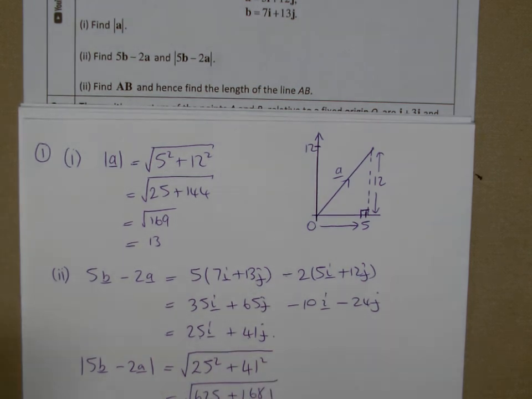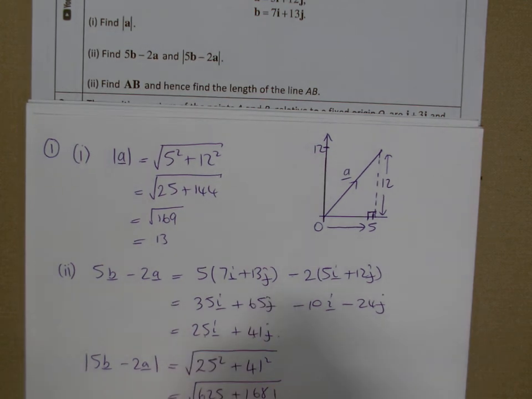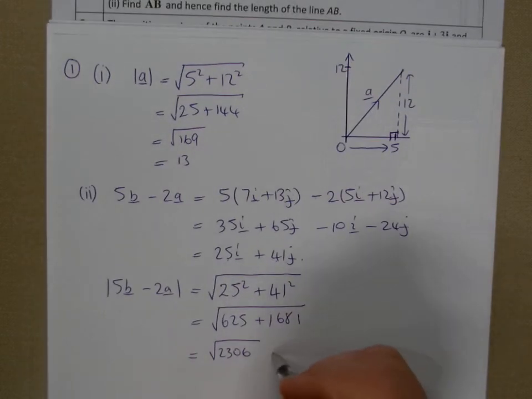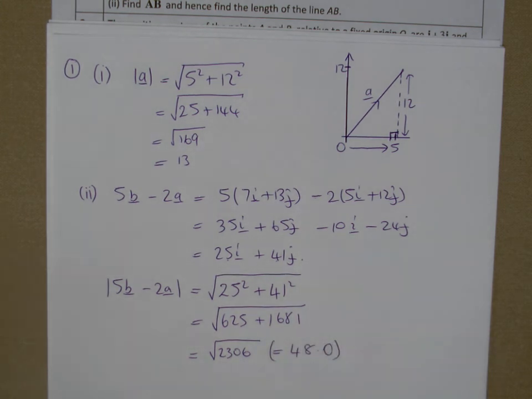If I then add them and square root it, I get the square root of 2,306. Actually, it doesn't simplify. It just stays as root 2,306, or we could write it as 48.0 to one decimal place. But I'd leave it as a surd, to be honest. We're happy with our answer.